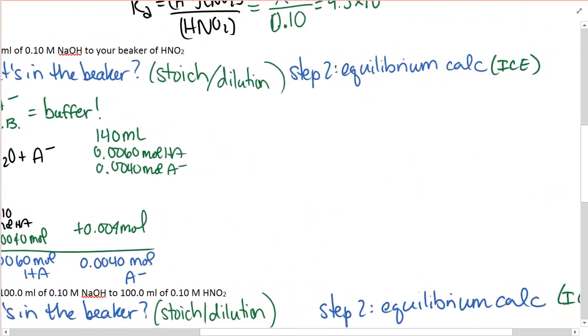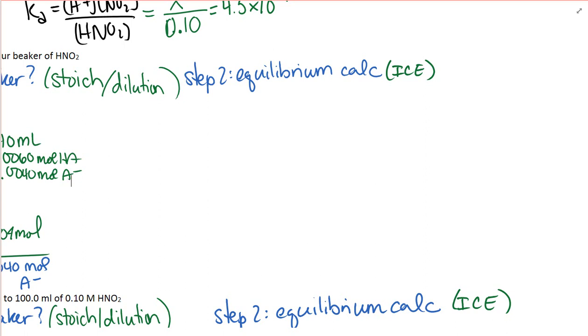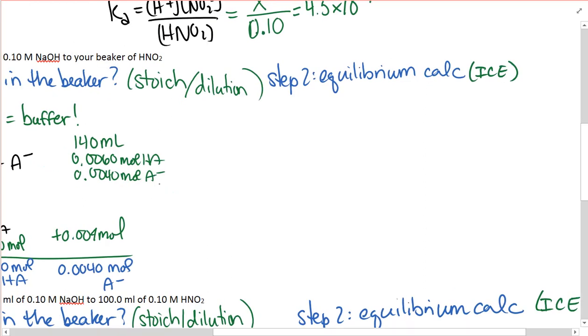So step 2, to find the pH, you're going to figure out what is my equilibrium. If we think about what's in the beaker, remember we said we've got HA, A minus, and there's water as well. So the equilibrium at hand here is HA dissociates to make H plus and A minus.